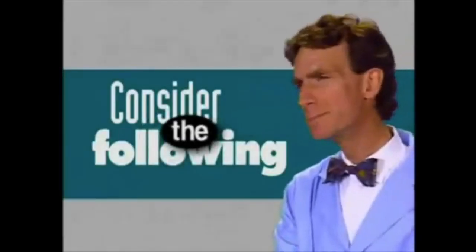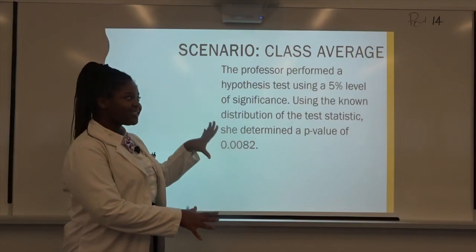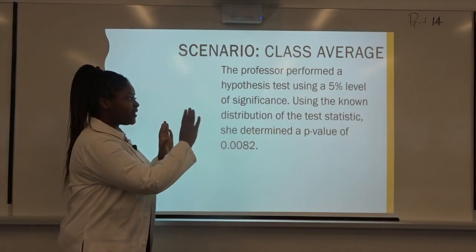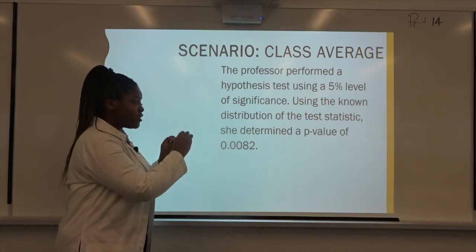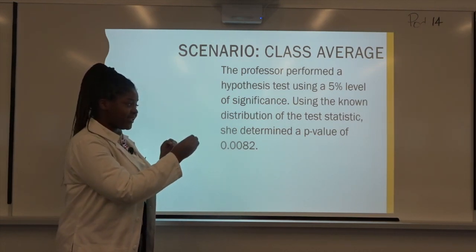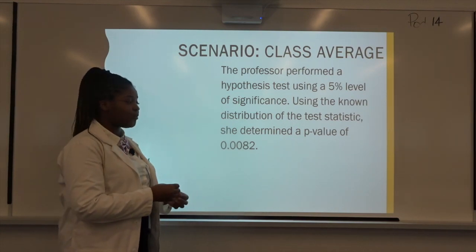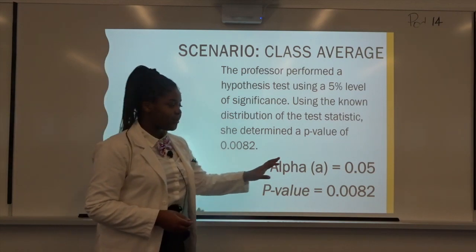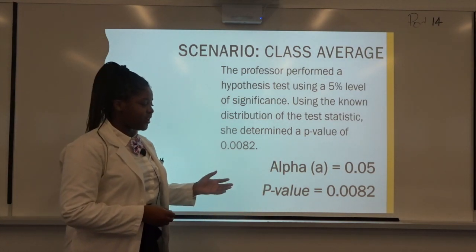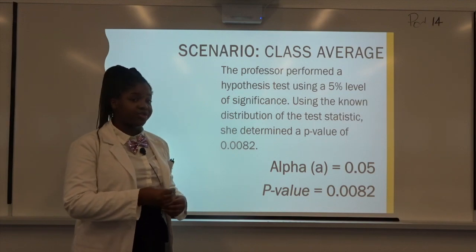Please consider the following. Back to our scenario. The professor performed a hypothesis test using a 5% level of significance. Using the known distribution of the test statistic, she determined a p-value of 0.0082. Here, our alpha is equal to 0.05, and our p-value is equal to 0.0082.